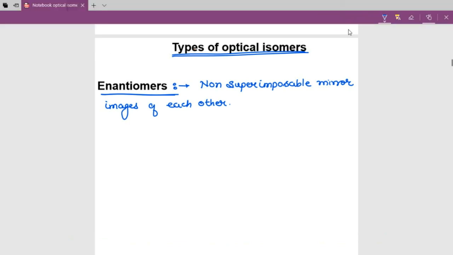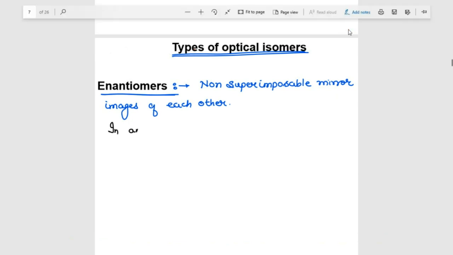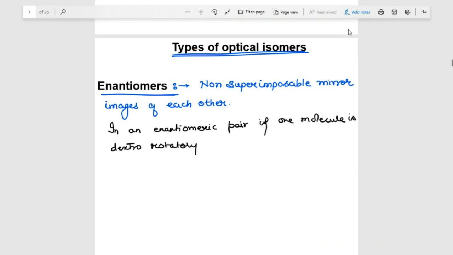Yes, in an enantiomeric pair, as a rule, if one molecule is dextrorotatory, small d, then the other molecule will be levorotatory, small l, compulsorily.